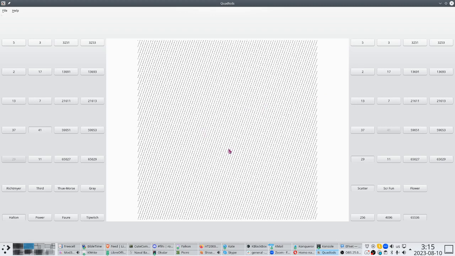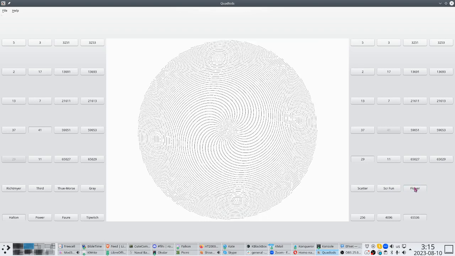A way to show what one dimension of a low discrepancy sequence looks like is the flower plot.